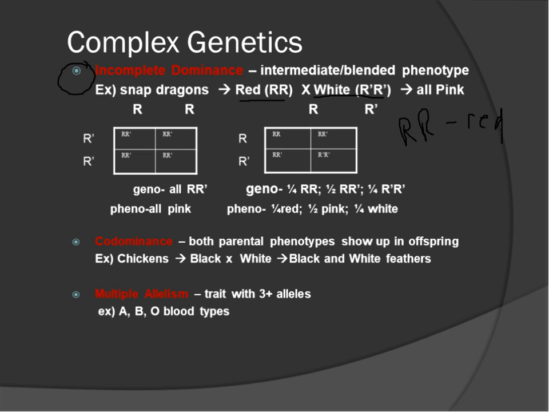But in terms of incomplete dominance, this is where the heterozygous is mixed. So instead of red or white, big R is going to be red. Little r is white. Well, in incomplete dominance, big R, little r is actually going to equal pink.